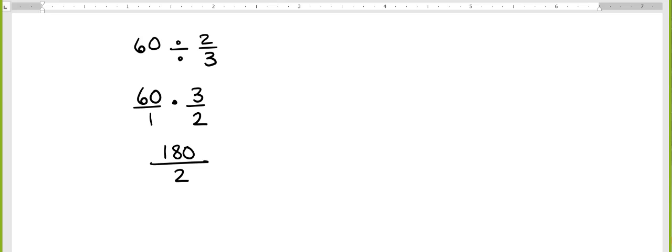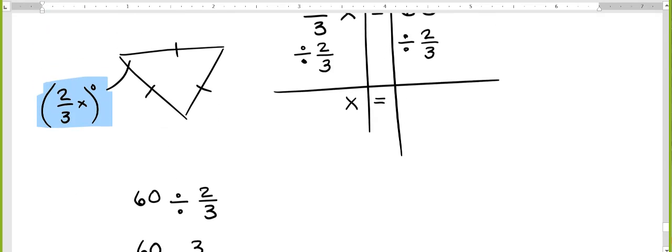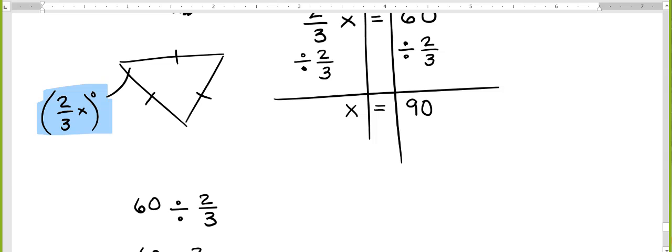It's 180 divided by 2. 2 goes into 18 9 times. So what's 180 divided by 2? 90. Good, 90. So 60 divided by 2/3 is 90. x is equal to 90.